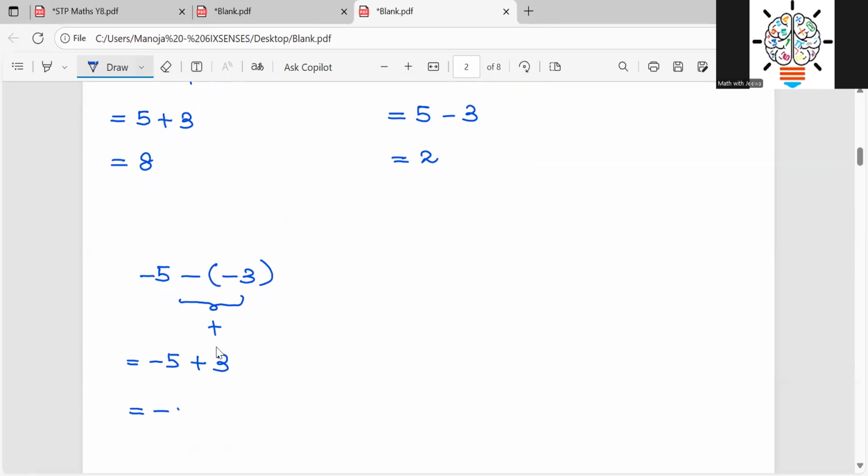The answer is negative 2. The same way, let's say you have negative 5 subtract positive 3. Here we have a negative, so I rewrite the question as negative 5 minus 3. The answer is negative 8. Right? So this is how it works.